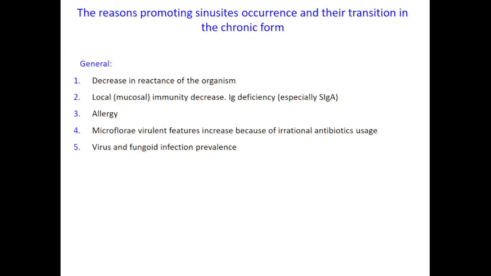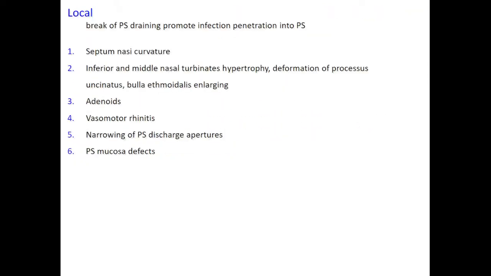So, why may an acute process transform into a chronic process? Maybe because of general and local factors.